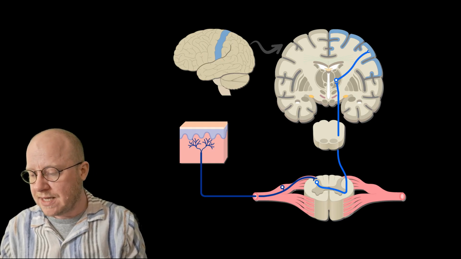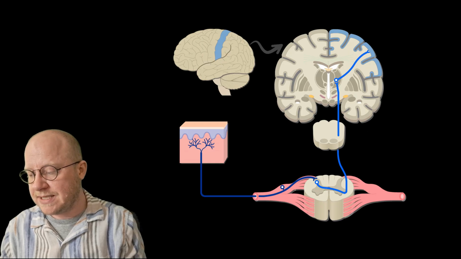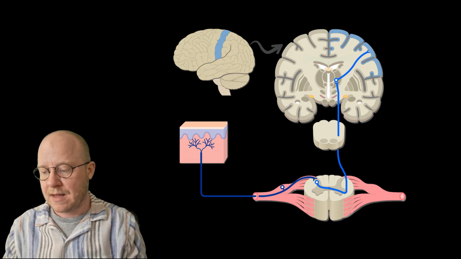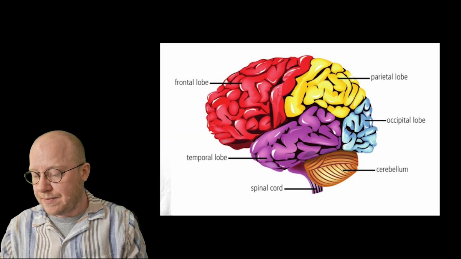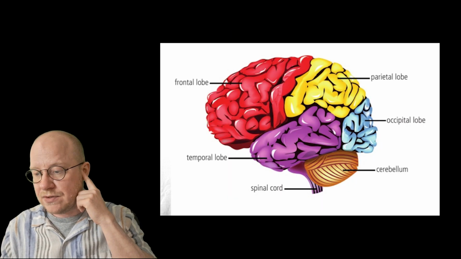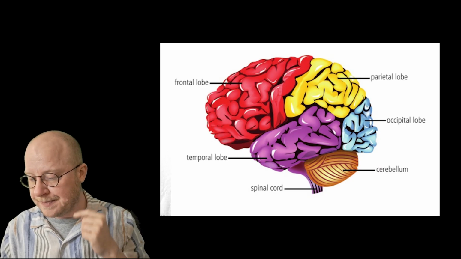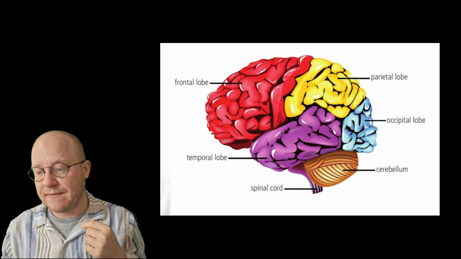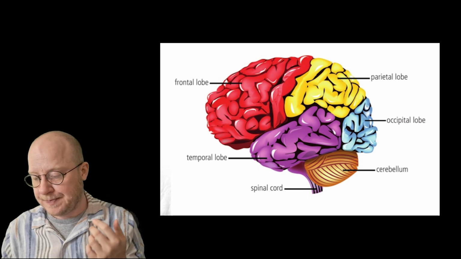Many receptors send their action potentials to a particular lobe of the cerebrum. For example, information from sound mechanoreceptors travels to the temporal lobe. Information from chemoreceptors for taste travels to the parietal lobe.